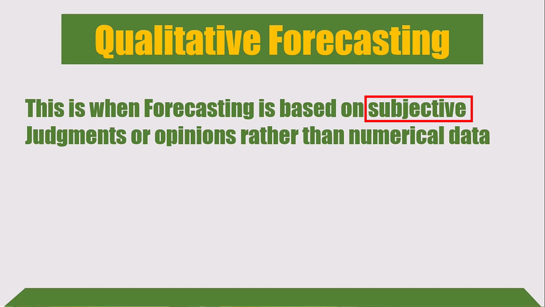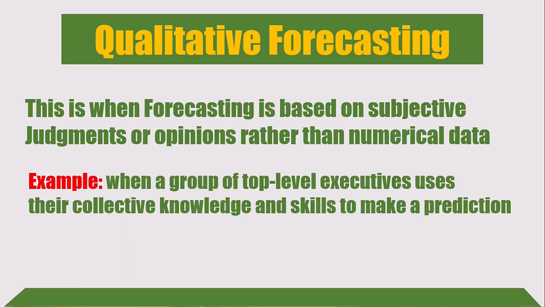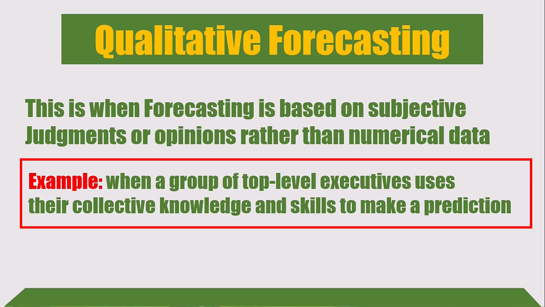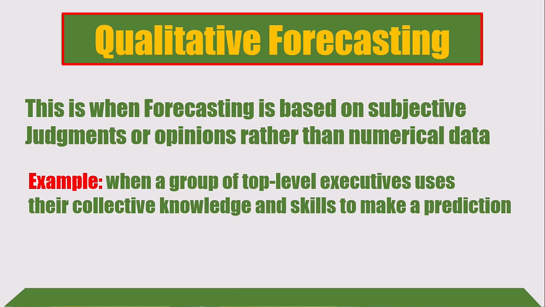The word subjective is very important there, because qualitative forecasting is when you are making predictions based on your personal opinions. An example of qualitative forecasting is when a group of top-level executives uses their collective knowledge and skills to make a prediction. They meet and then they use their experience and knowledge and skills to make the prediction. That one is actually qualitative forecasting.